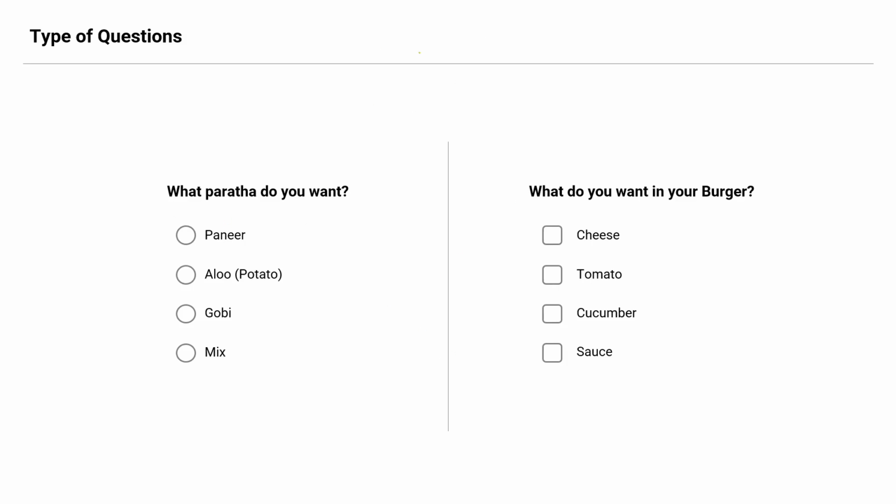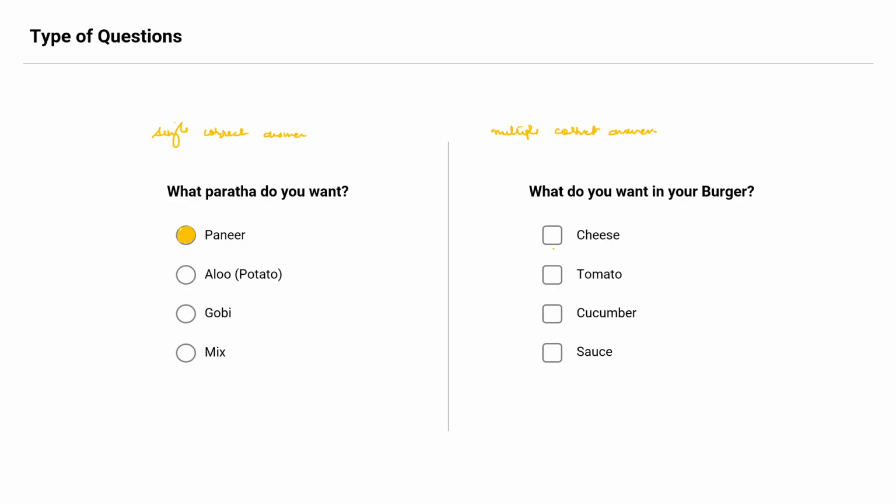So there are two typologies of question. One which has a single correct answer and one which has multiple correct answers. So on the question of what paratha I want, I have to select just one. I cannot select more than one.